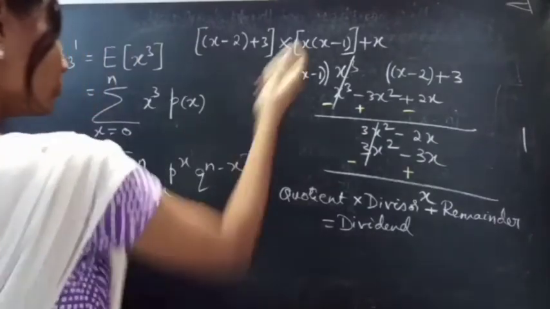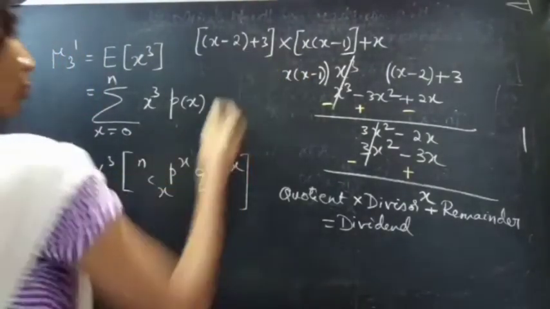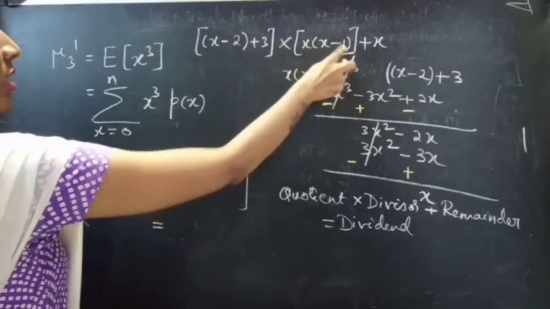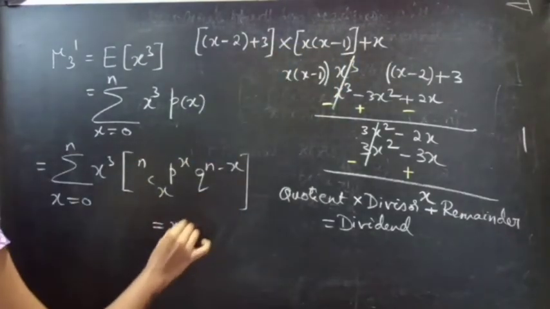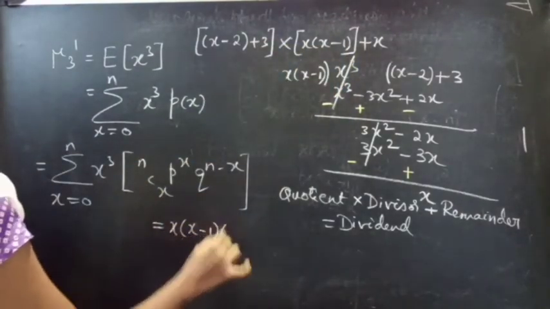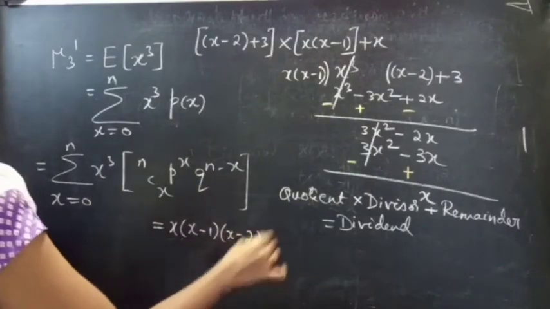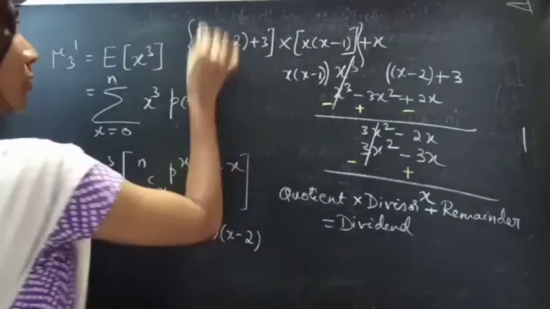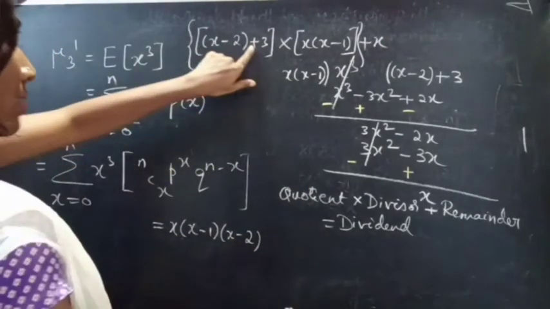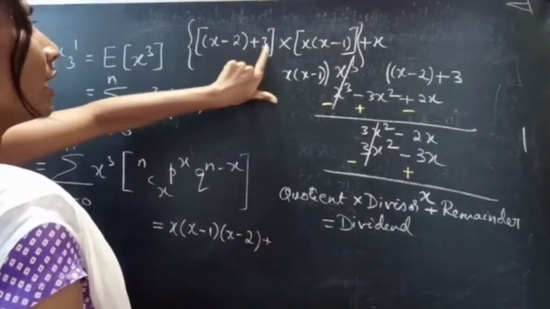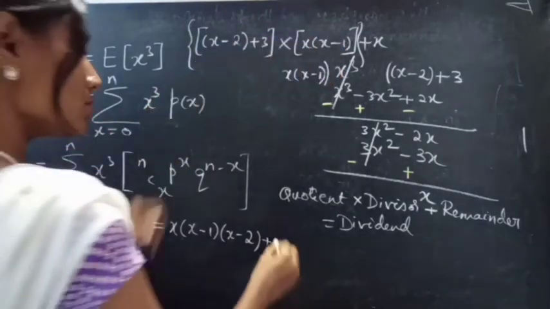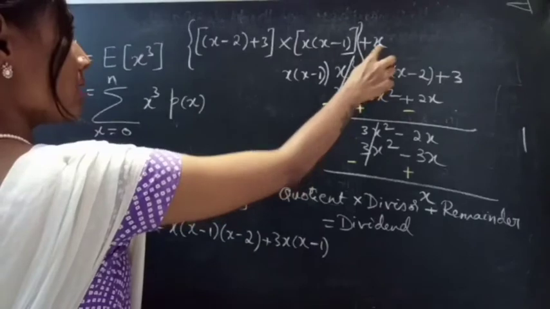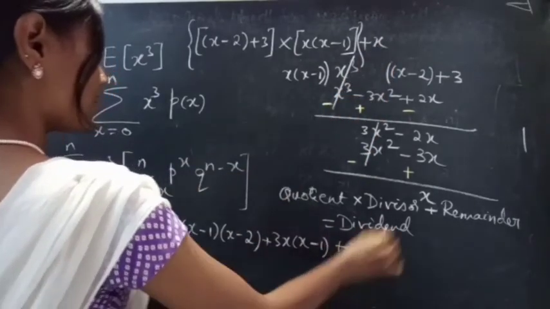So this equals x minus 2 into x into x minus 1, which is x into x minus 1 into x minus 2, plus 3 into x minus 1, which is 3x into x minus 1, plus x.